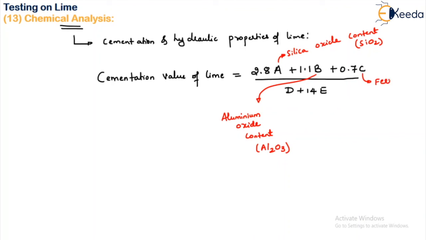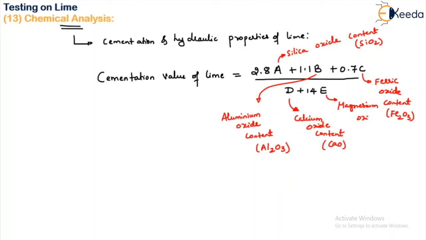C is the ferric oxide content, which is Fe2O3. D is the calcium oxide content, which is CaO. And finally E is the magnesium oxide content, which is MgO.